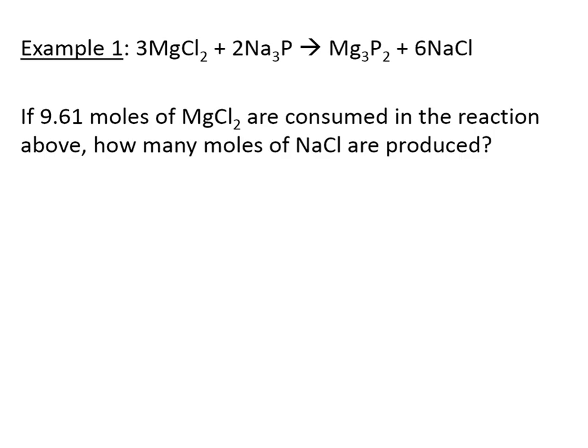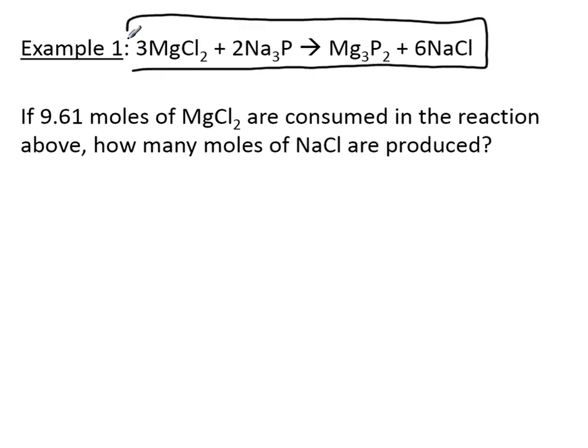So we're going to try out three examples, all with the same chemical equation, but different questions that can be asked of you. So we have a balanced equation up here. Always check to make sure you have a proper balanced equation before you start these problems. Sometimes they tell you you need to balance it and sometimes they don't. So just make sure that it's balanced before you go on.